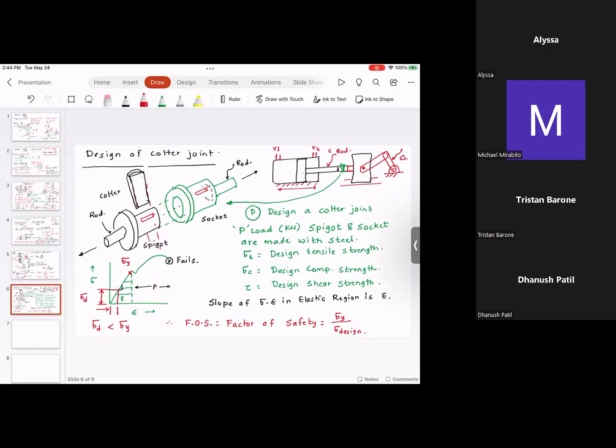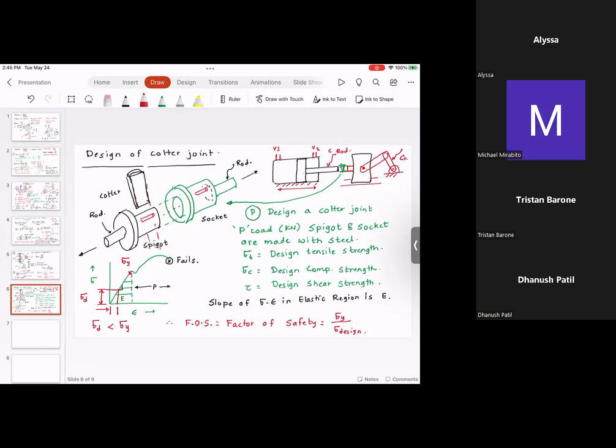If you are confident that the material is homogeneous, continuous, with no defects, no blowholes, no impurities, then you can go with a lower factor of safety. But if you get a material that you are not very sure of, maybe it's not very pure, there is impurity, then you will have to increase the factor of safety.